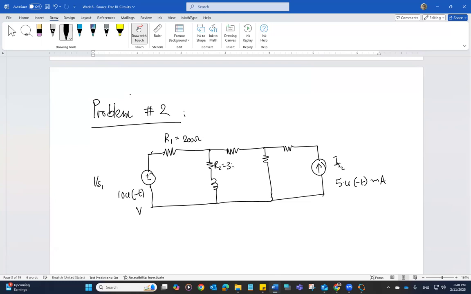R2 is 330 ohm. L is 5 Henry. R3 is 410 ohm. R4 is 570 ohm. And R5 is 1 kilo ohm.